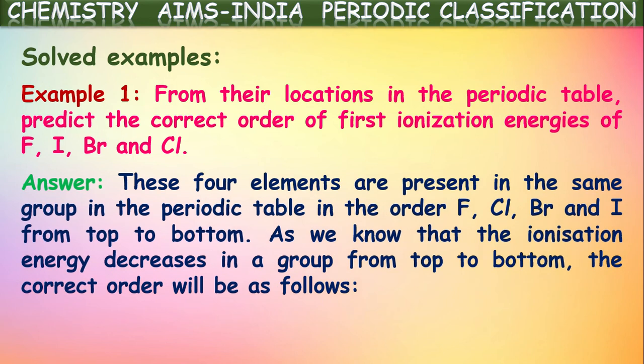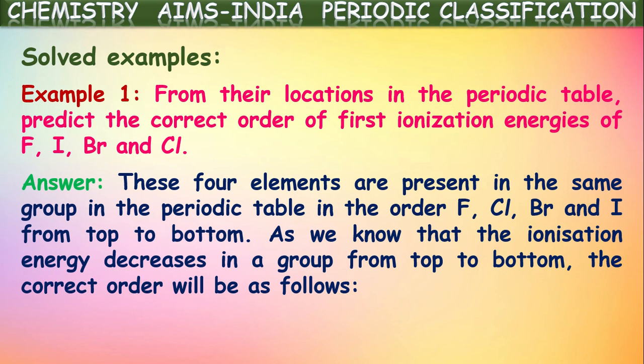Now let us see the answer. These four elements are present in the same group, that is group 7A. We know these elements are halogens, isn't it? Top to bottom, they will be in the order fluorine, chlorine, bromine and iodine. As we know, ionization energy in a group from top to bottom decreases because size increases.